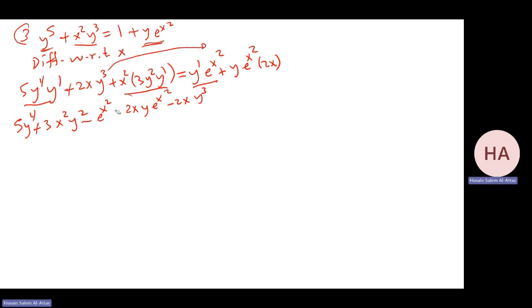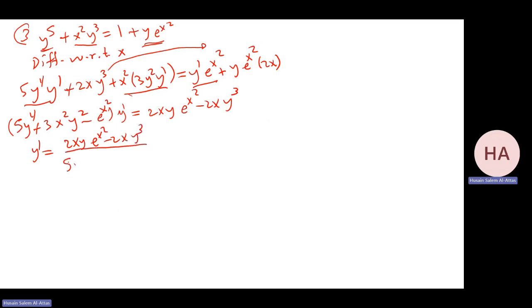This is times y prime, equal the rest, which is 2xy a x squared minus 2xy cubed. So y prime equals 2xy a x squared minus 2xy cubed over 5y to the power 4 plus 3x squared y squared minus a x squared.